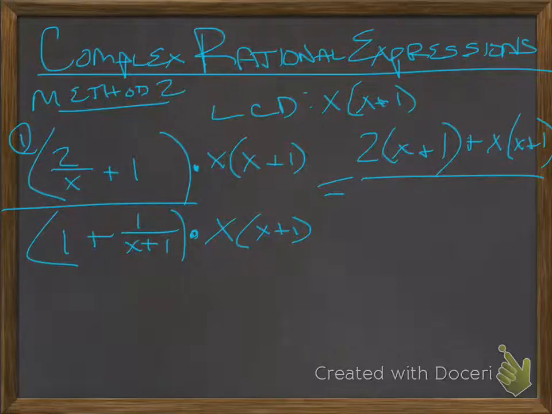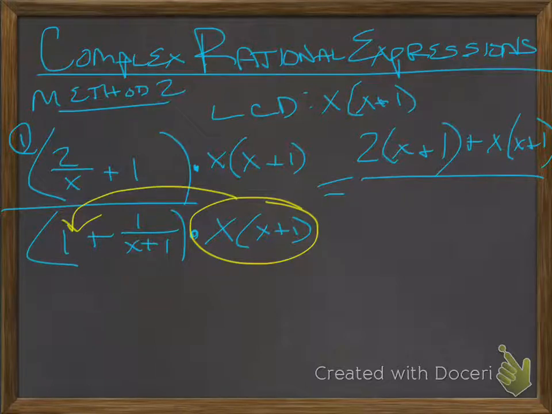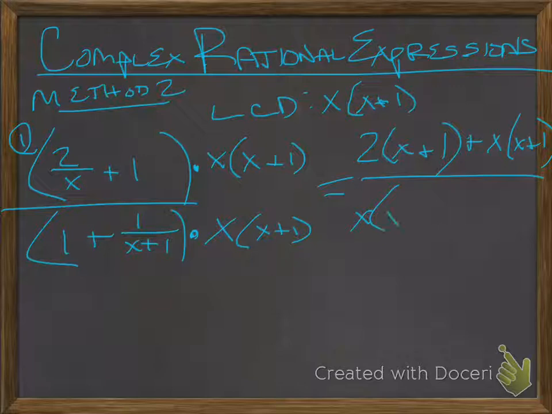And when I multiply this with the 1, again, nothing's going to cancel out there. So I have x times x plus 1. And then when I multiply it to this fraction, the x plus 1's are going to cancel out, and it's just going to be 1 times x. And what I can do from now is simplify it.